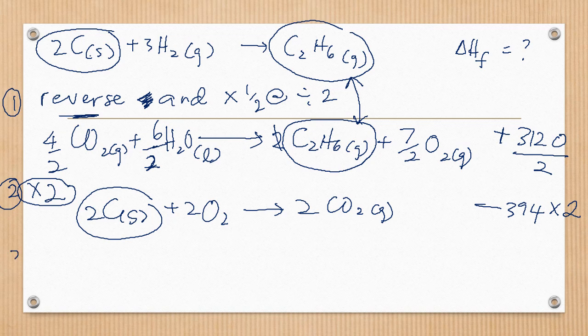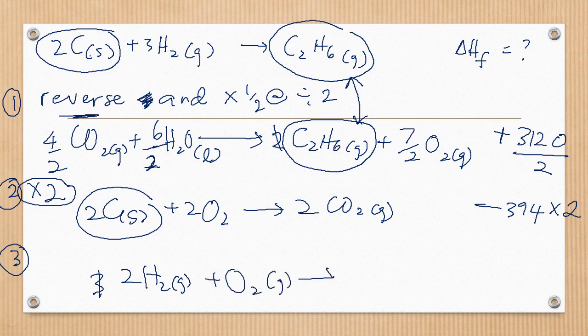Alright, the third equation is 2 H2 gas. Okay, I'm writing the one given in the question. And then you produce 2 H2O liquid. So what happened here is we want 3 H2, but given to you is 2 H2. So we have to remove these 2 and replace it with 3.